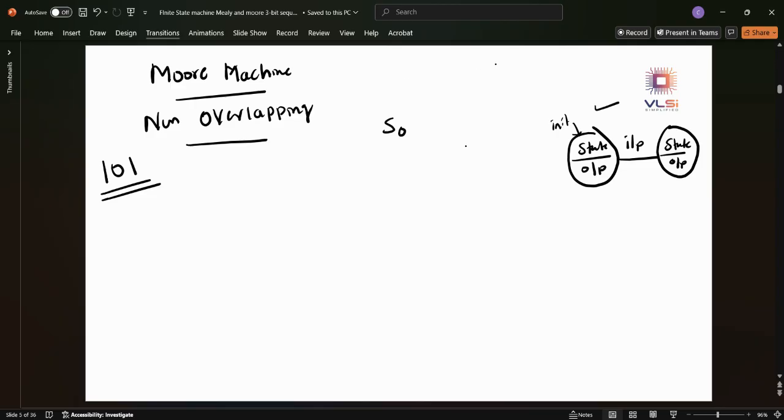Okay, so here at S0, you are not getting any sequence, so that's why the output is 0. It has two possible cases: 0 and 1. So when it is 0, where will it go, and when it is 1, where will it go? When it is 0, it will stay in the same state.